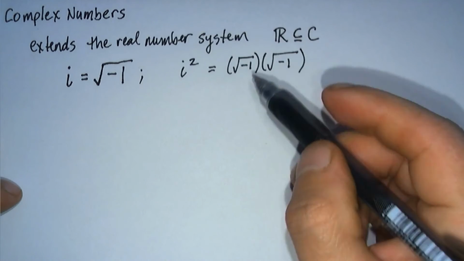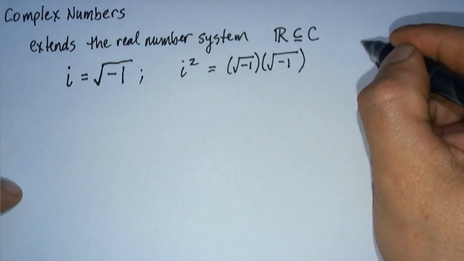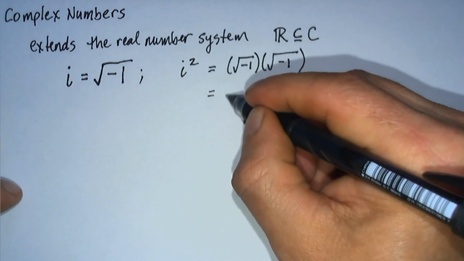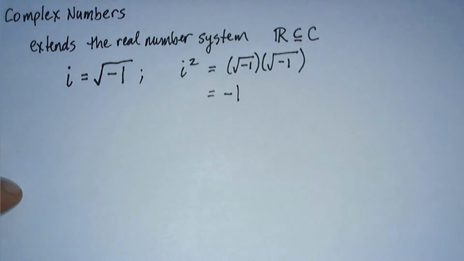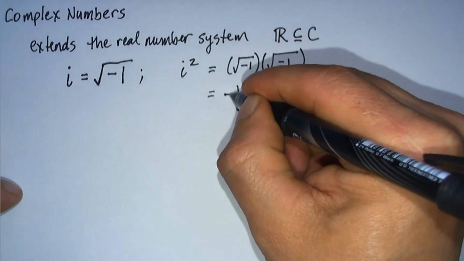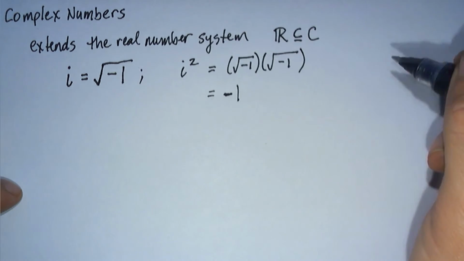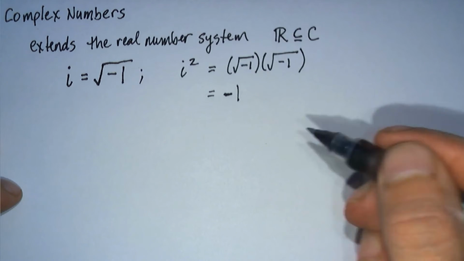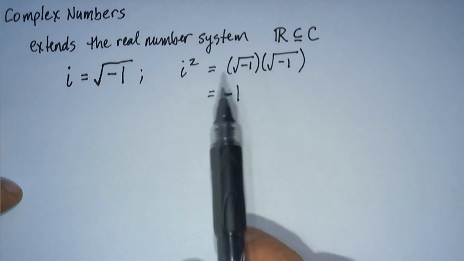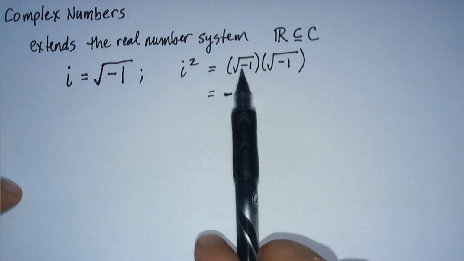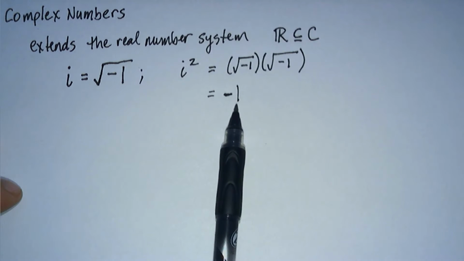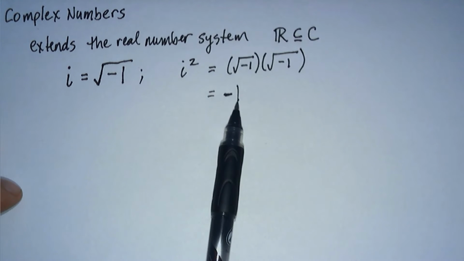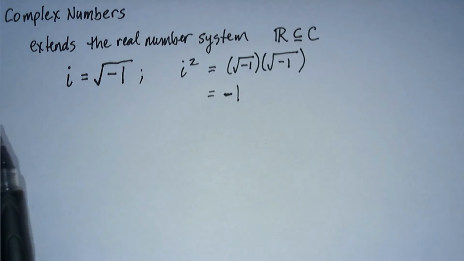We can't say that this is the square root of +1, which it's not. It is just -1. So i squared is -1. So it kind of contradicts some of the properties of square roots, but if you square a square root, you get what's underneath there. That's going to be -1. This is one of the few squares that are actually negative, i squared.